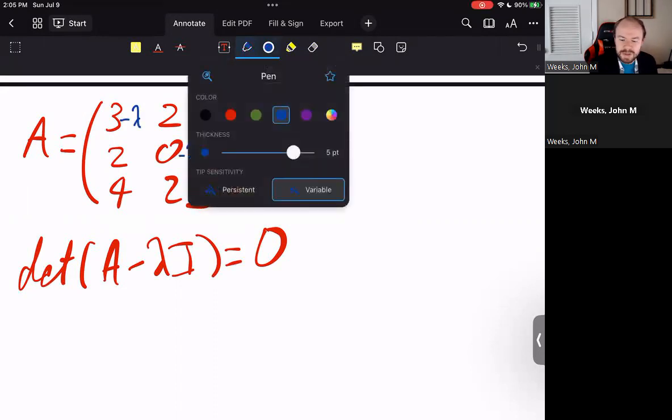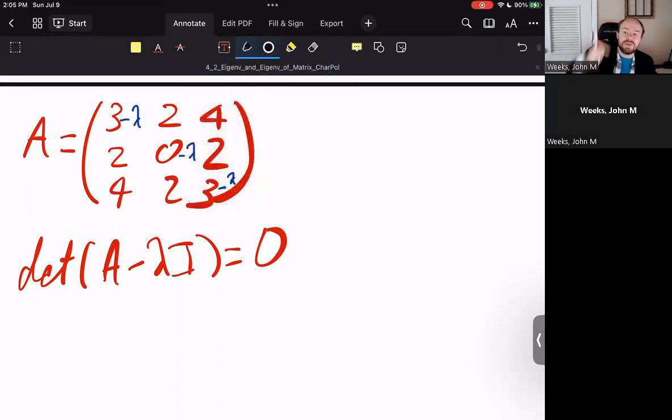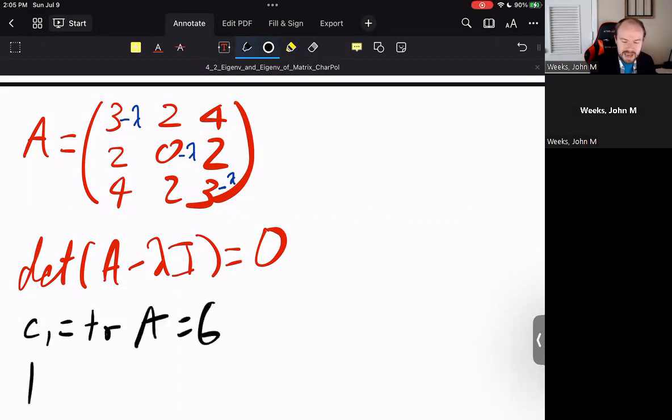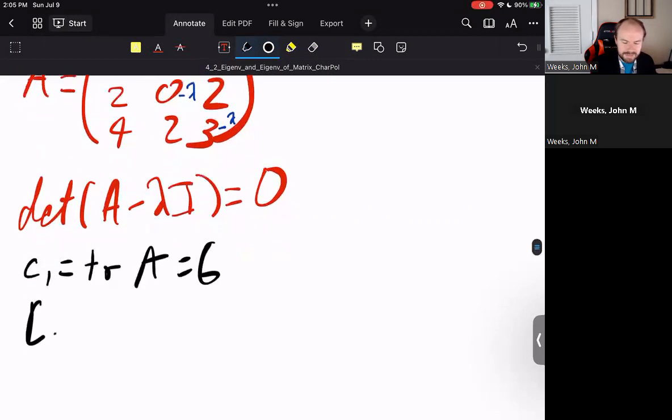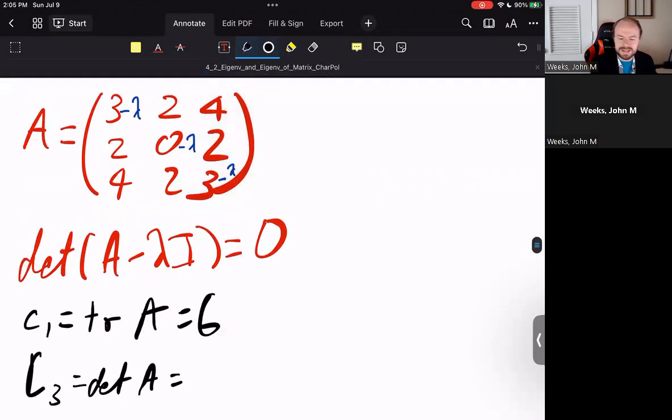If I go through and multiply through those things together using the 3 formulas that we had on the previous slide, eventually what I get is, well, first of all, I could start by just trying to take the trace of A. That's going to give me 6. I could also go through and take the determinant of A. Once I go through and do this, I could be expanding by, let's see, maybe the second row here and multiply through on that.